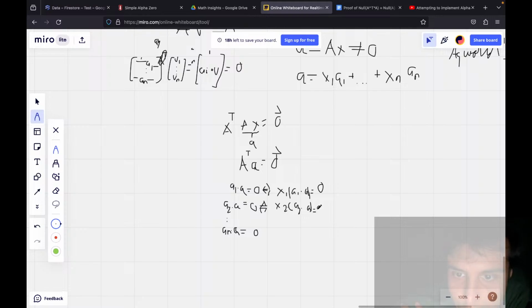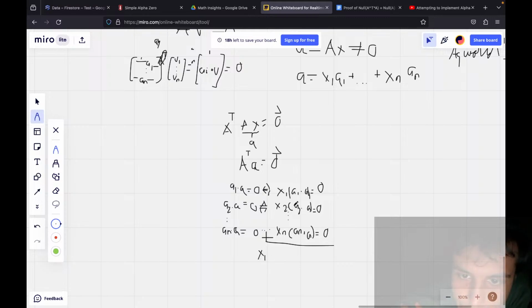And we can do this for any, like the ith index, but the last one would be dot dot dot xn, a scalar multiplied by that, scales an dot a, equals 0. And now we have these n equations. We can actually add them all up. And what do we get?